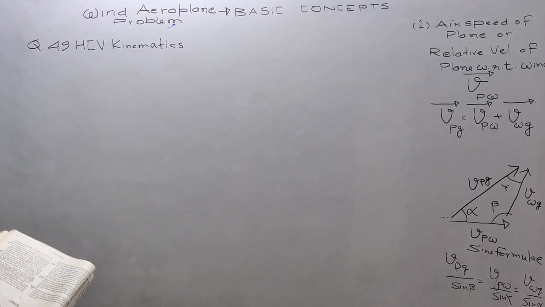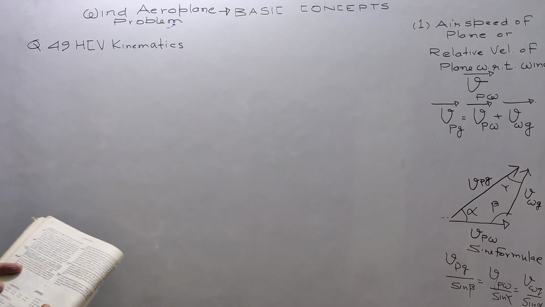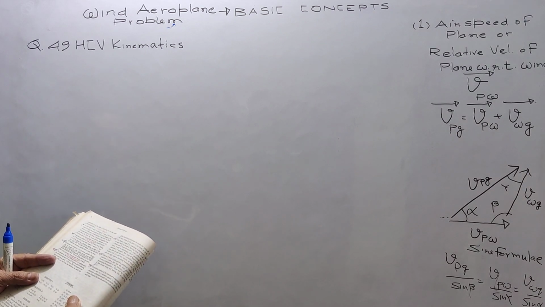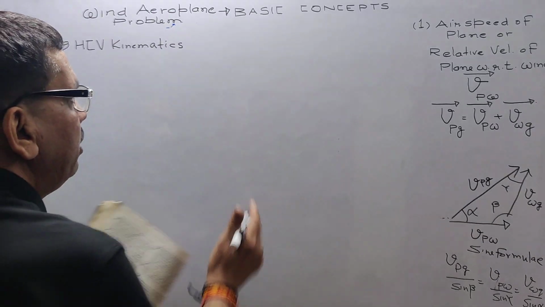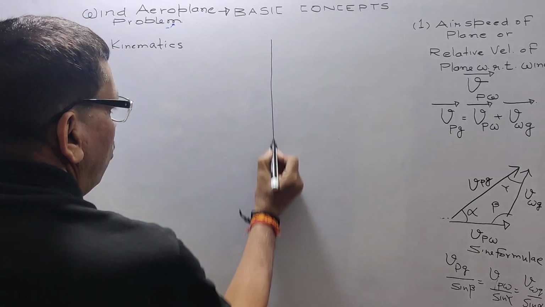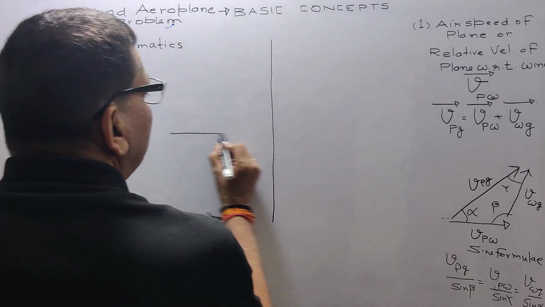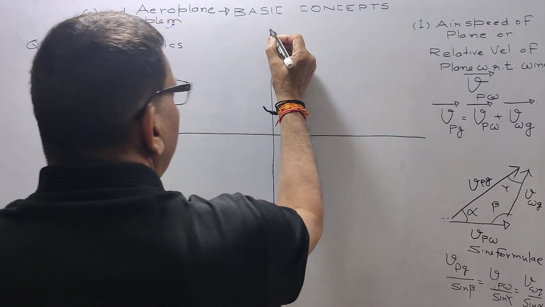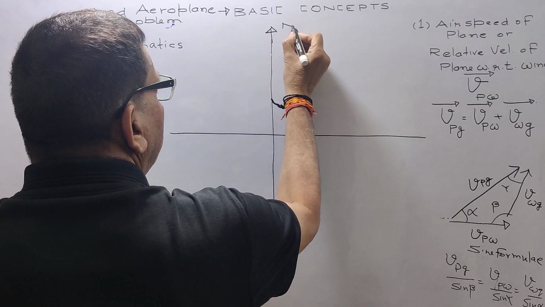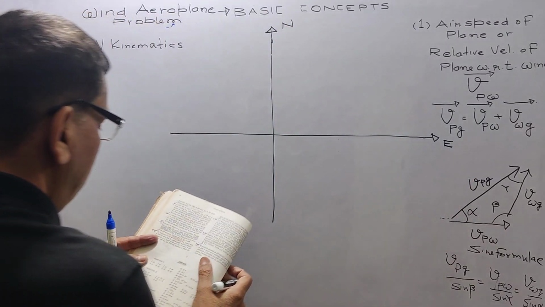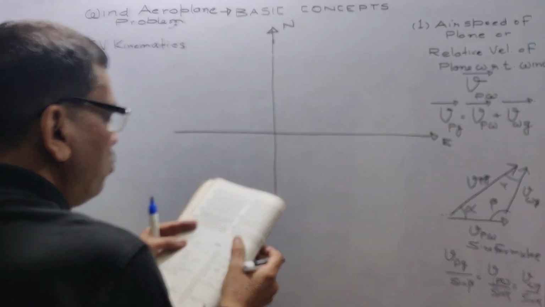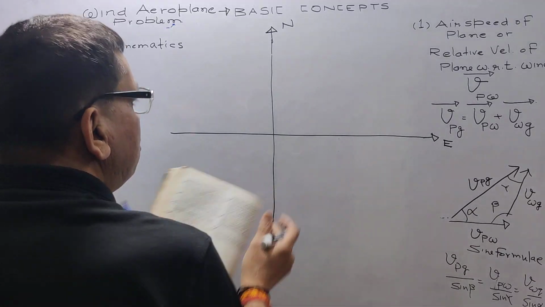Now what is this question? An aeroplane has to go from A to another point B, 500 km away, 30 degree east of north. Now let us draw the velocity diagram. This is north and this is east, right? An aeroplane has to go from A to B, 30 degree east of north.